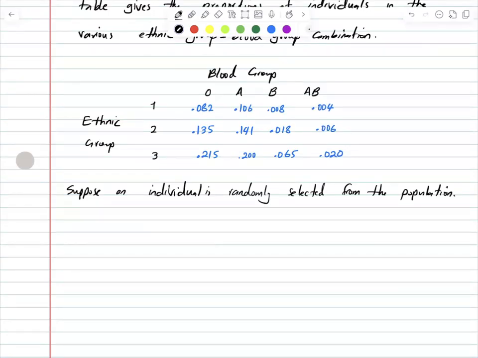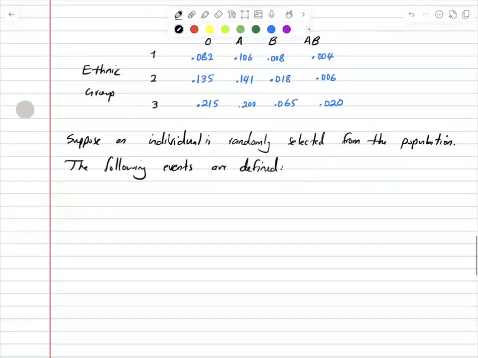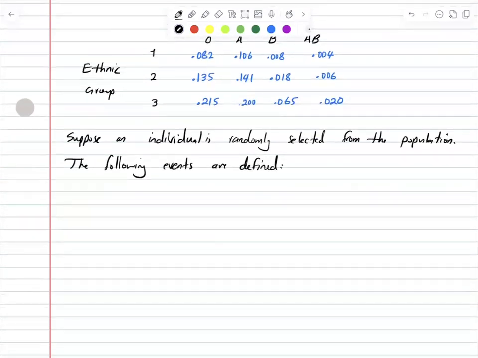We define the following events. Event A is blood type A selected.